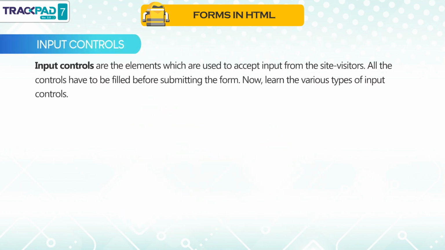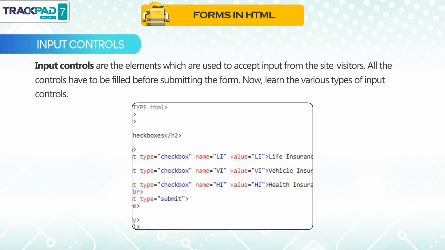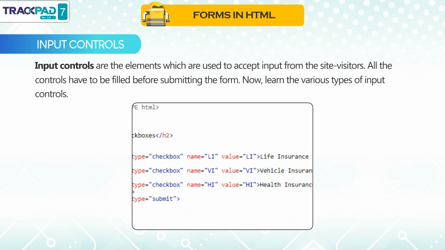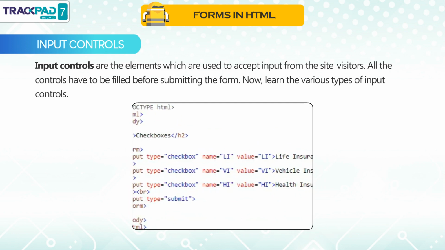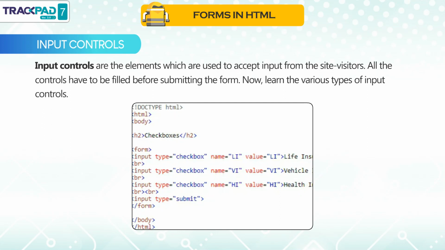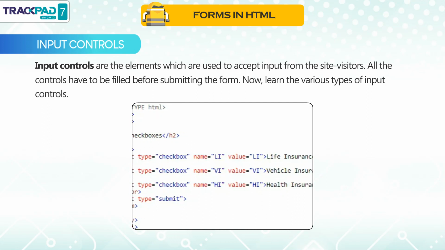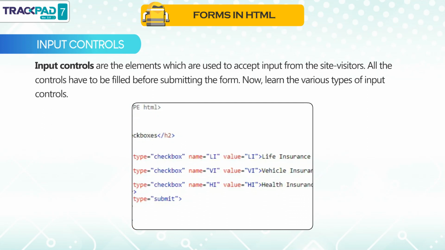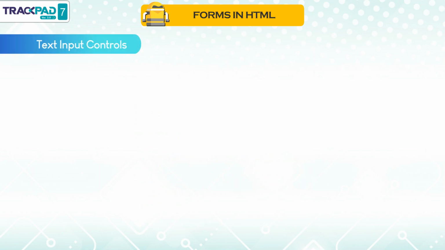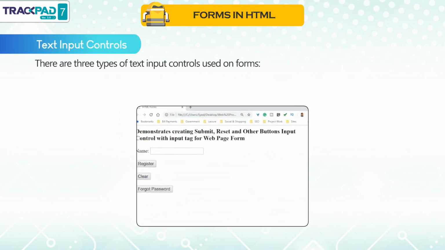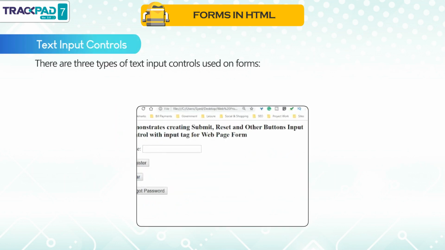Input controls. Input controls are the elements which are used to accept input from the site visitors. All the controls have to be filled before submitting the form. Now learn the various types of input controls. Text input controls. There are three types of text input controls used on forms.